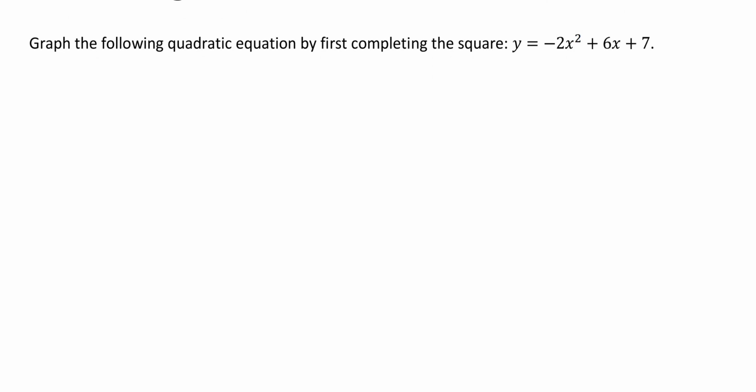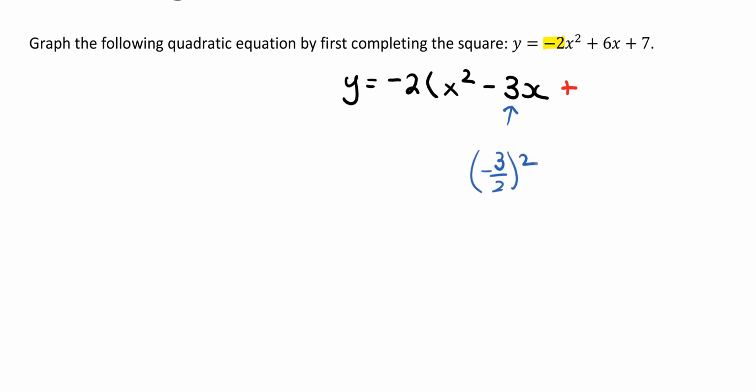All right, so for this next question, we need to graph the quadratic equation by first completing the square. I have a leading coefficient of -2, so let's go ahead and factor out the -2. So I have x² - 3x, and then we always have a plus sign there. What we do now is take our middle number, which is -3, divide it by 2, and then square it.